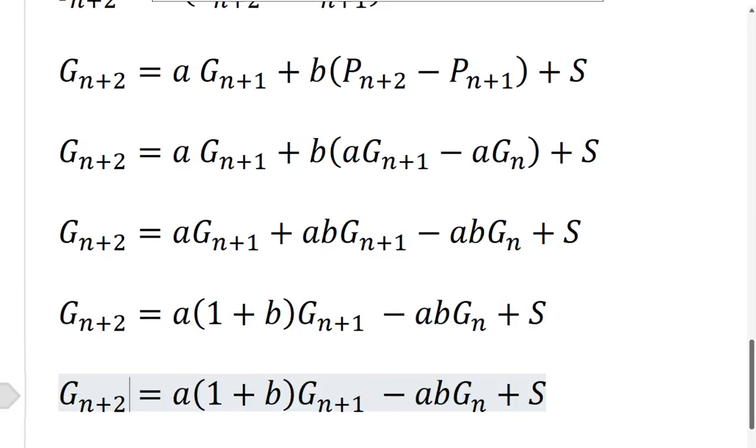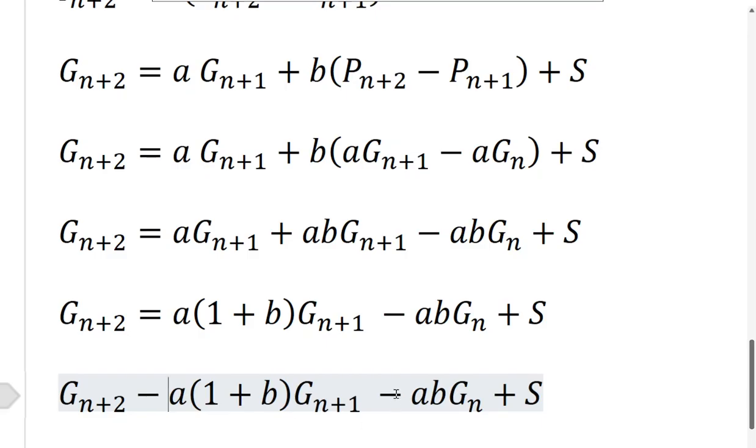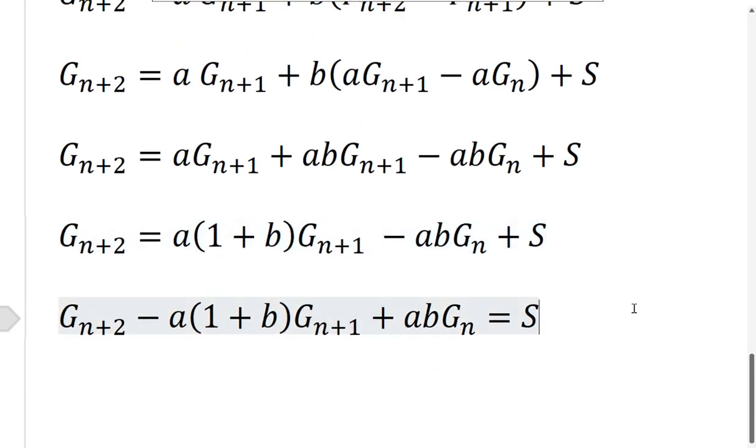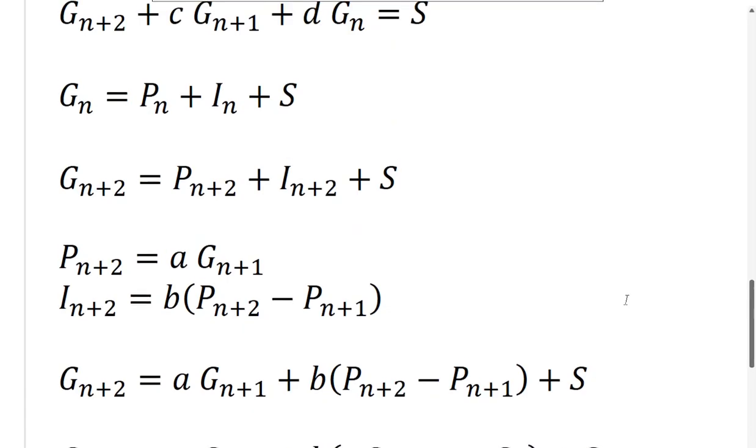We move that over to there, this becomes a minus, this becomes a plus, and that thing stays there. So that should be the thing. Now that looks like it's in the right form for what we wanted.